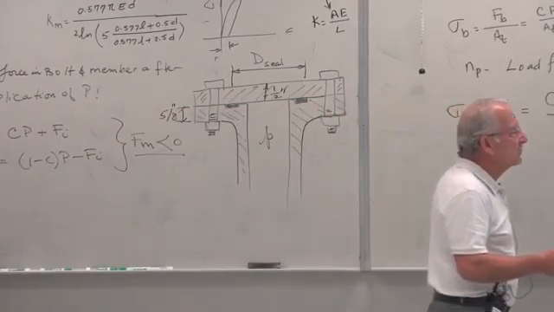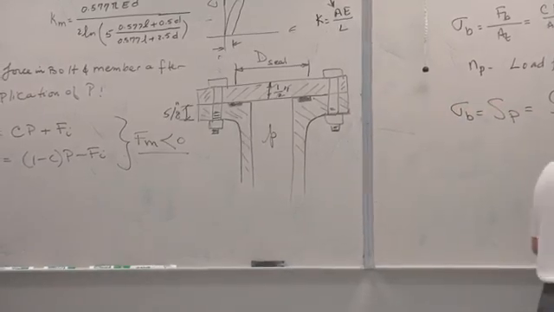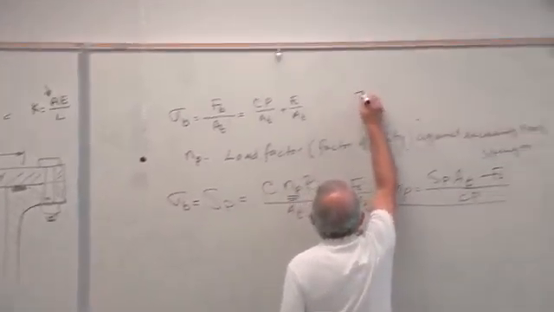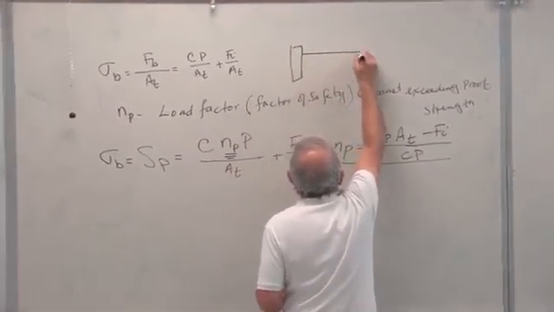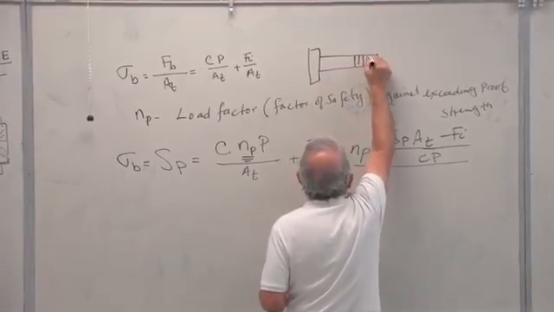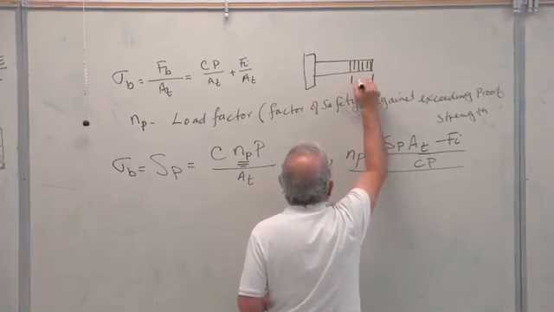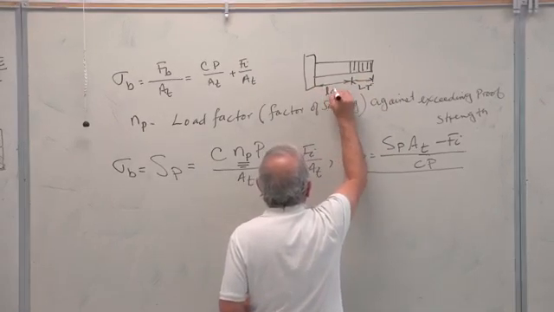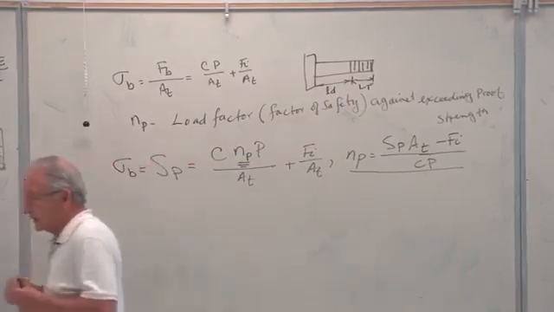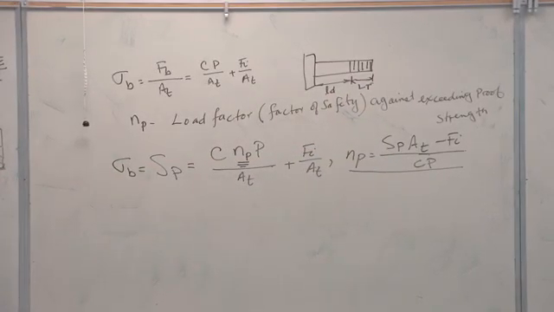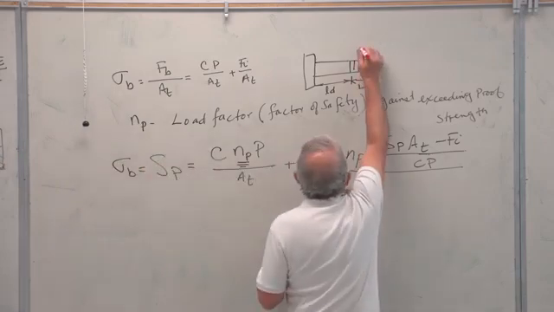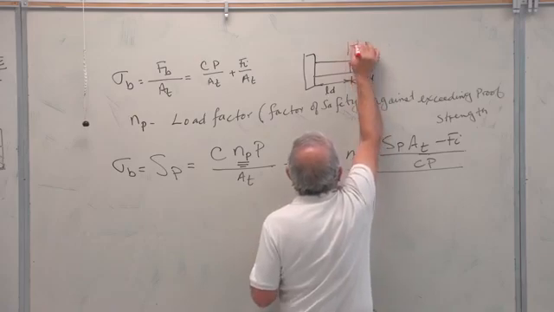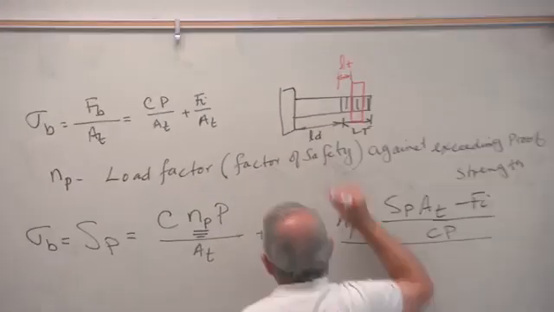The threaded part of the bolt is 2D plus 0.25. Remember, that's this. I went through these last time. That's LT. That's LD. And if the nut is here, that's little lt.